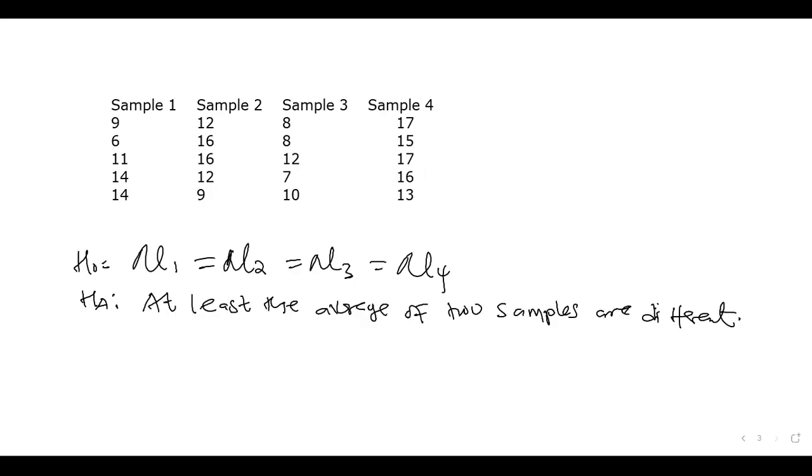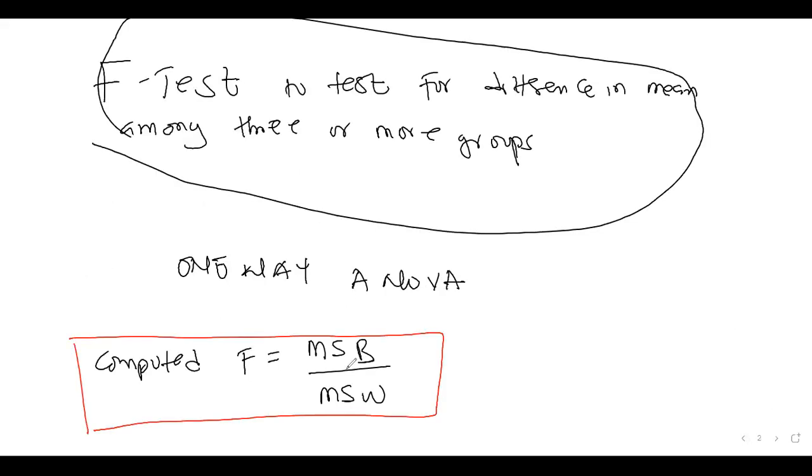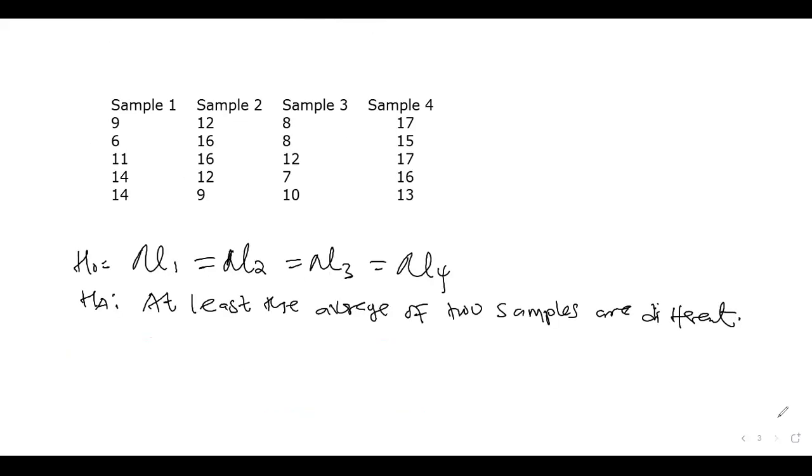Now we have to go through a series of steps to get the mean squared between and then the mean squared within for us to compute our F statistic and then conclude on these hypotheses. To get them, first of all, we have to start with the sum of squared total.